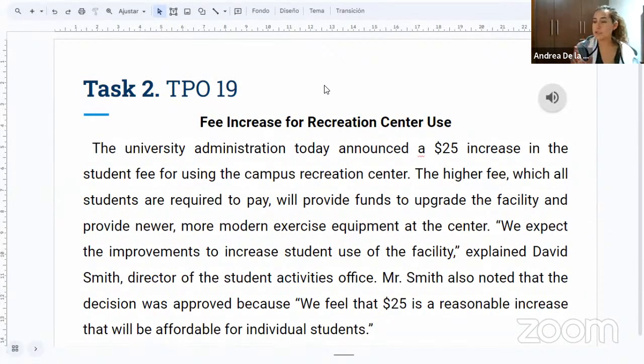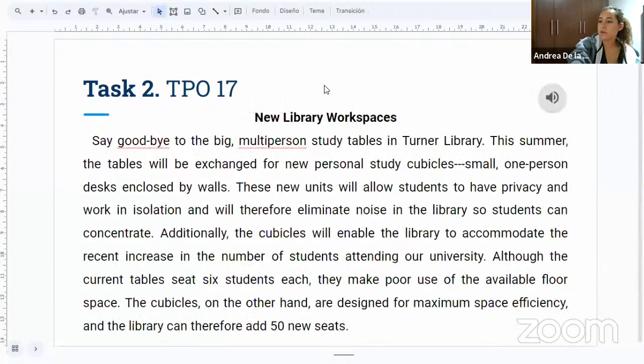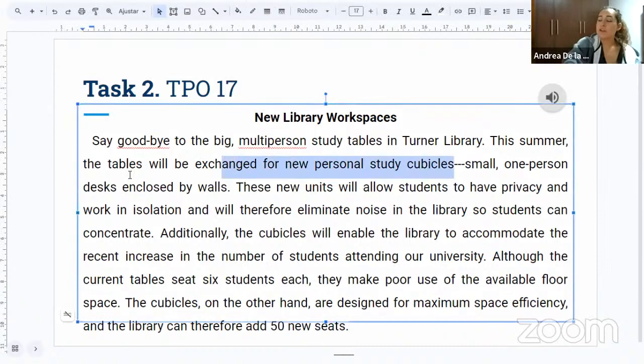So you read, you find the change. Let's say in this one, don't take any notes yet. So the big multi-person study tables in the library. This summer, the tables will be exchanged for new personal study cubicles. That is already the change, right? So you read that. Once you see the change and you understand, you read again.